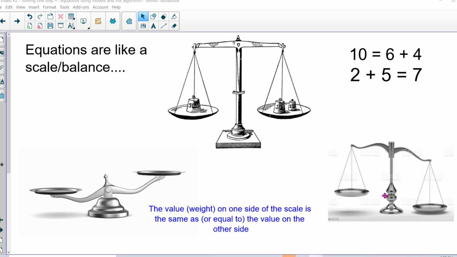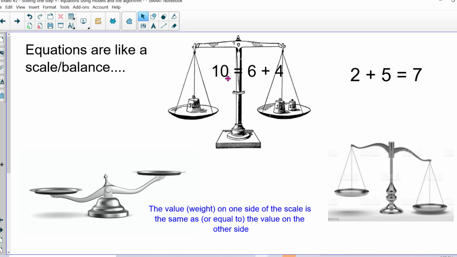It was not equal. An equation is just like a scale in the regards that the equal sign is like the stem of the scale. And it separates the equation into two sides, the left side of the equal sign and the right side, just like a scale.